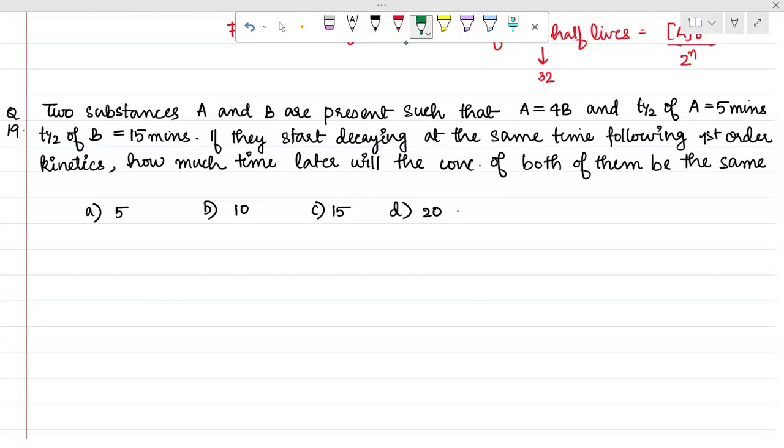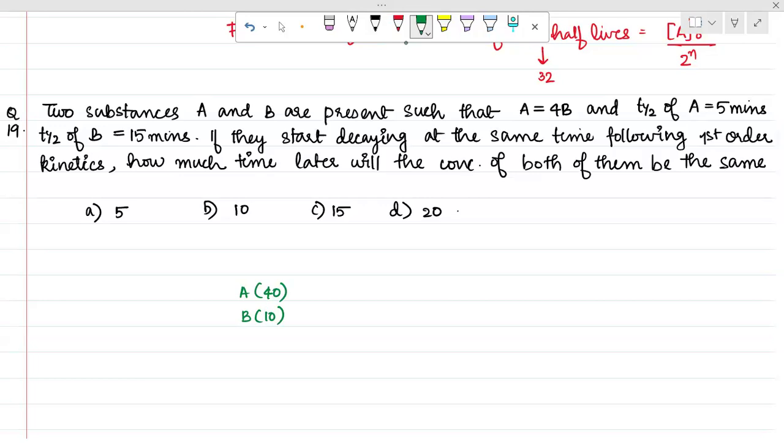So let's say that the concentration of B is 10 units, 10 molar, and A will be 4 times of B, which means it will be 40 molar. This is just an assumption because they have not given a particular value. If you want 100 and 400, you can take that. If you want 200 and 800, you take that. No problem.